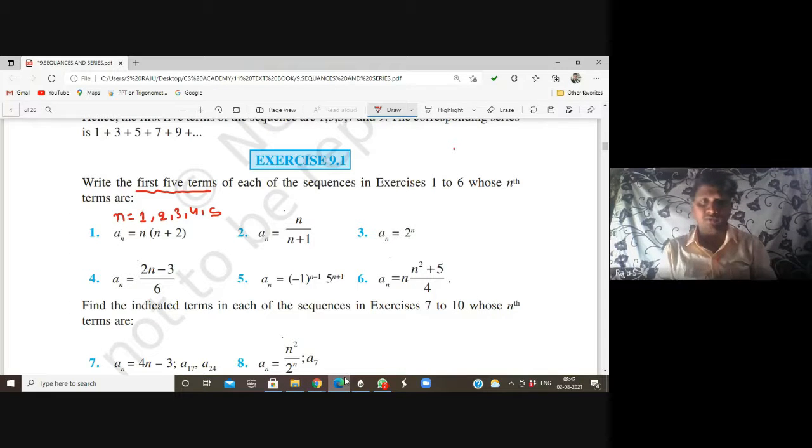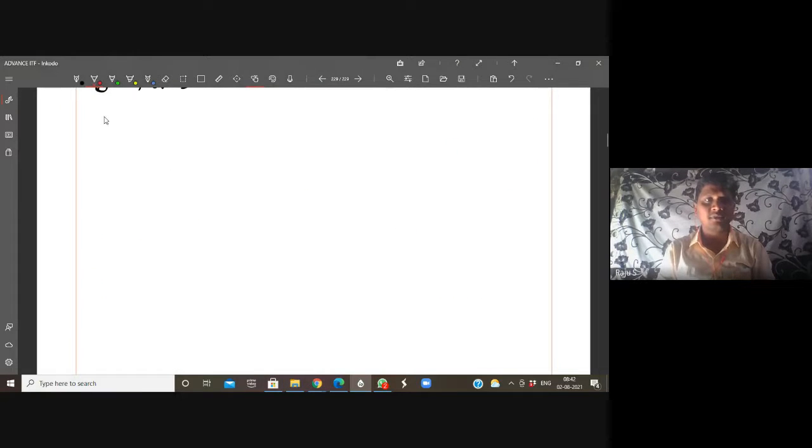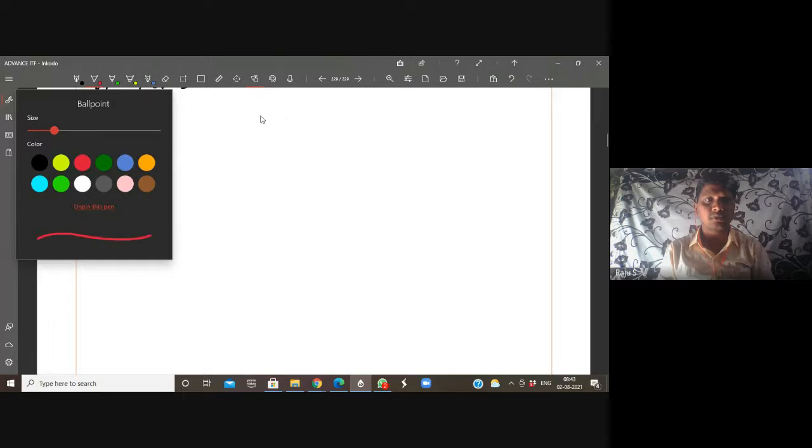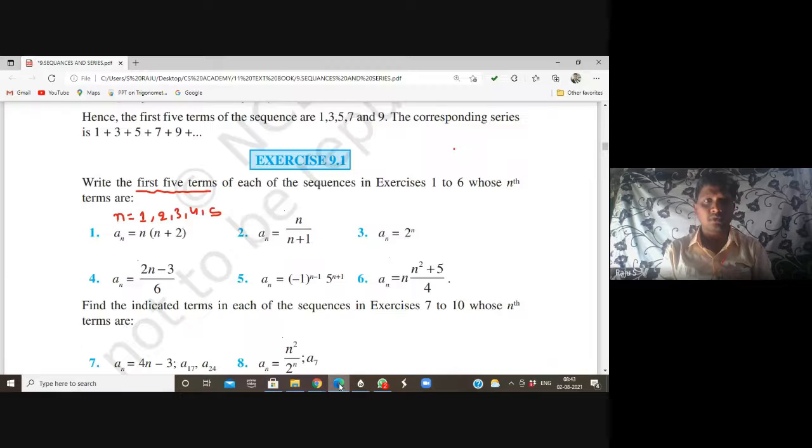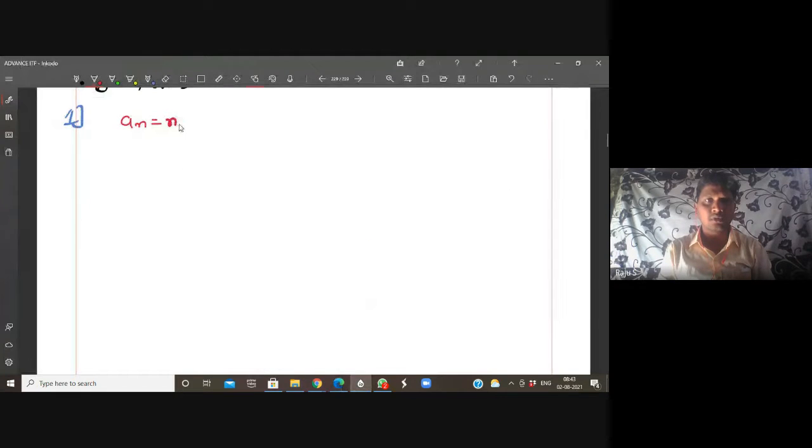First, let us finish this exercise. All of you do this problem. First one, write the first five terms. What is the nth term they have given? An is equal to n into n plus 2.